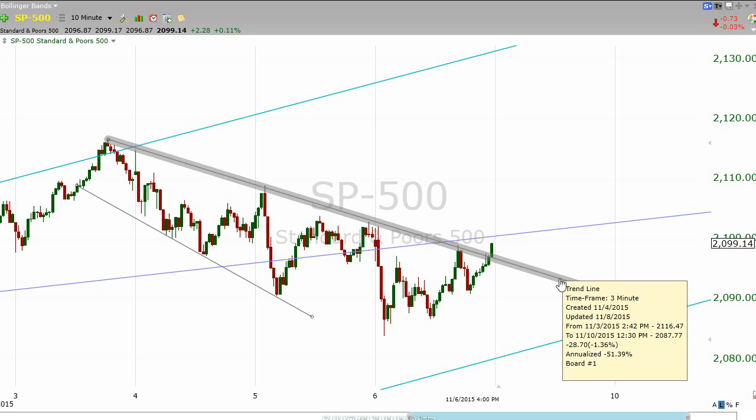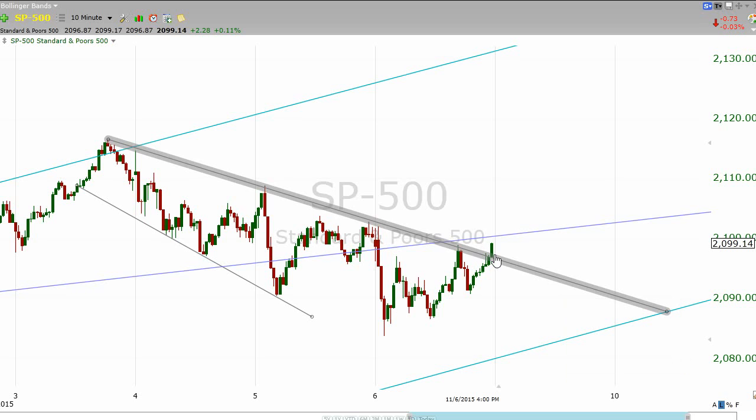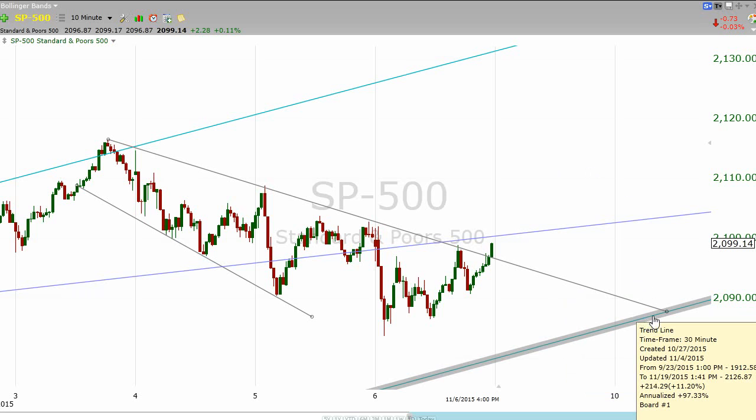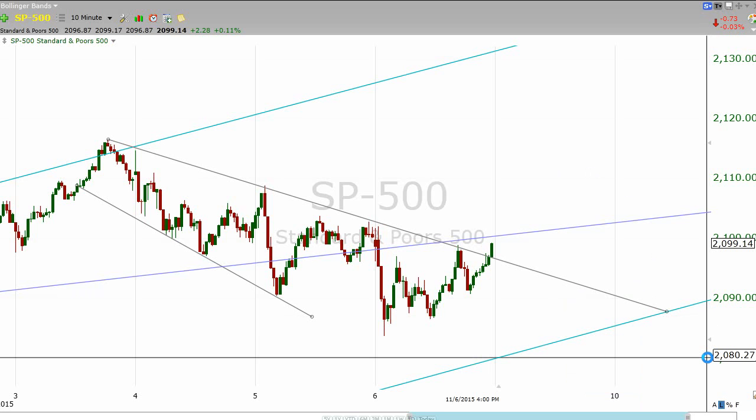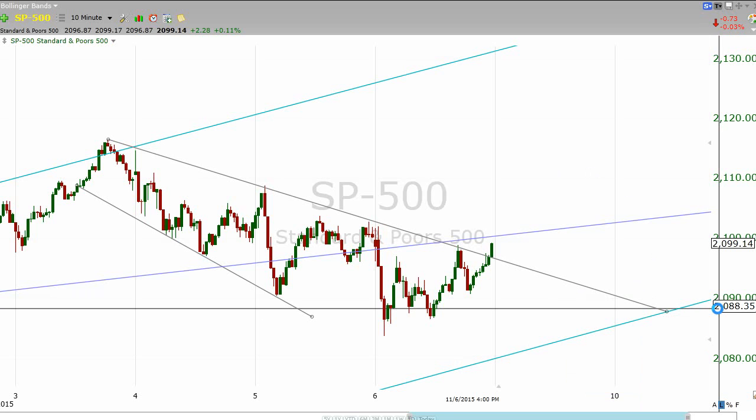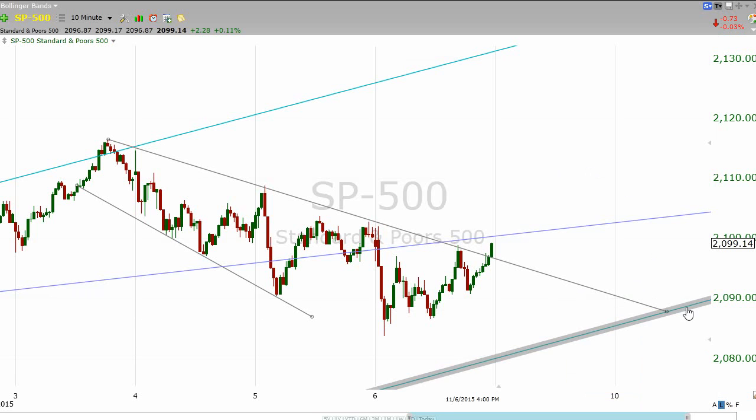It would not surprise me one bit if we back tested that line at this line right here, that it might also correspond with a tag on our support line. So basically, I'm looking for 2080 to be support upon any initial weakness on Monday, and for the 2080s to continue to be support throughout Tuesday.